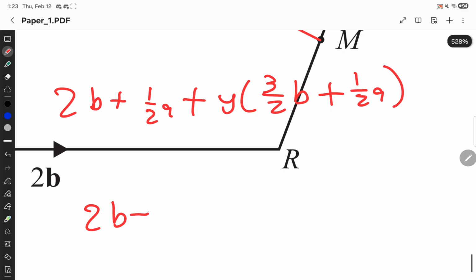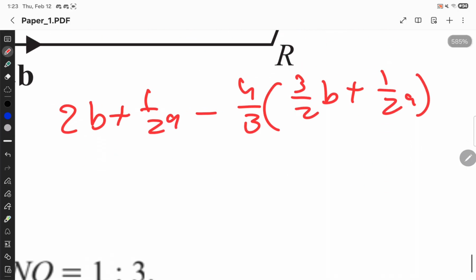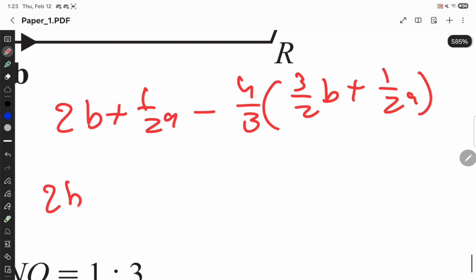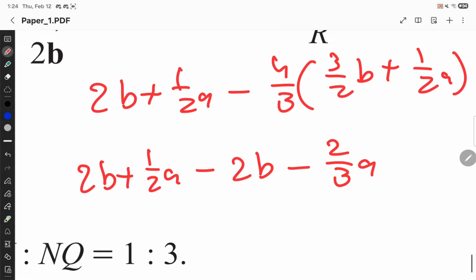So this is 2b plus a half a minus 4 over 3 over 2b plus 1 over 2a. Nice. So this is 2b plus 1 over 2a minus, let's do this carefully, 3 cancel out, 4 over 2, so this is 2b plus, carefully, 2 over 3a minus 2 over 3a.